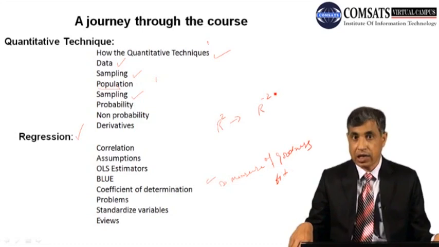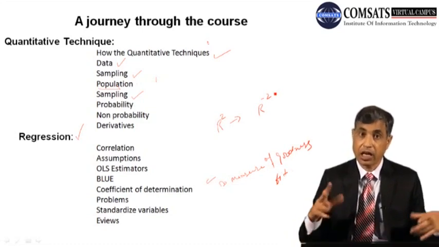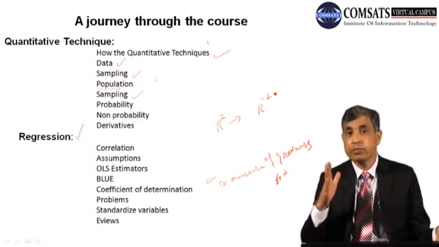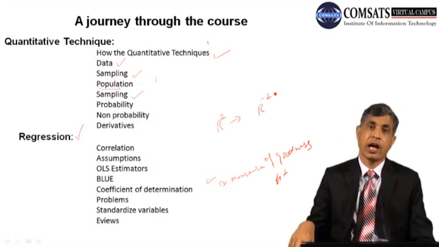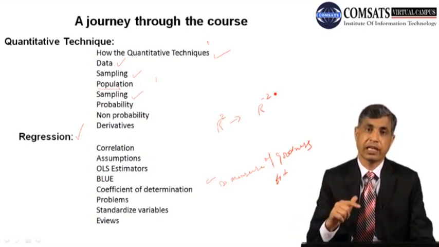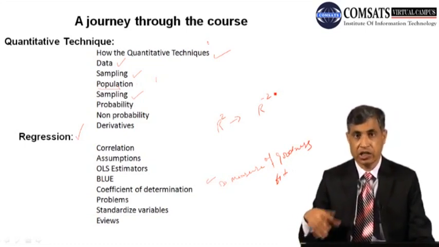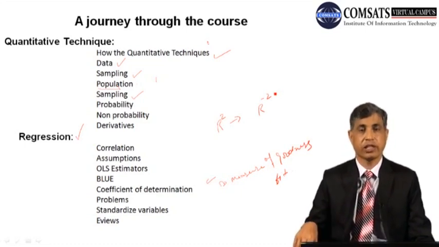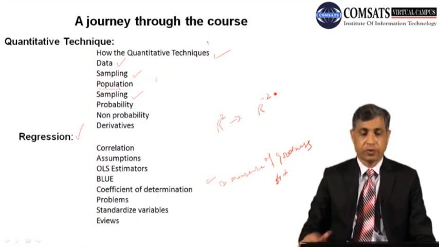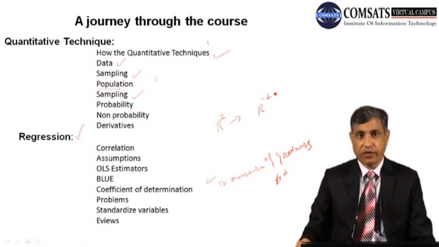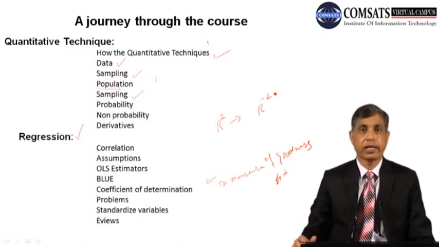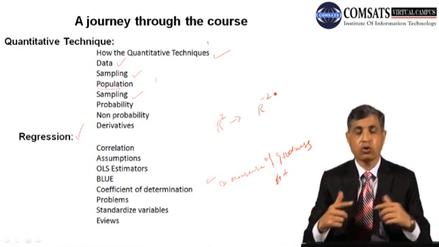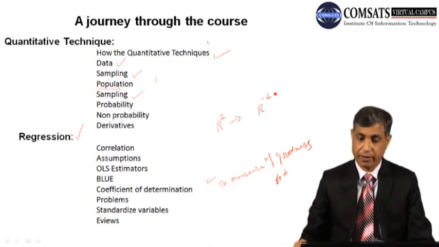But the adjusted R square has some cost benefit analysis, and it penalizes the researcher. As a measure of goodness of fit, adjusted R square brings into account the loss of degrees of freedom.